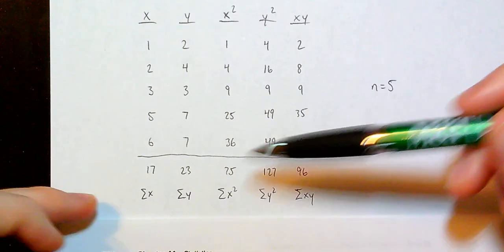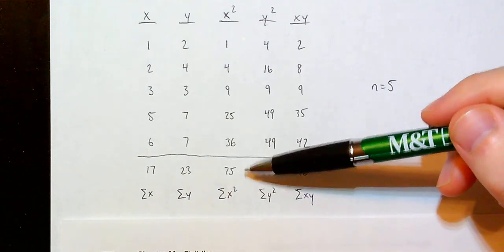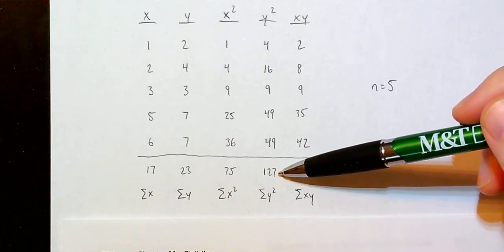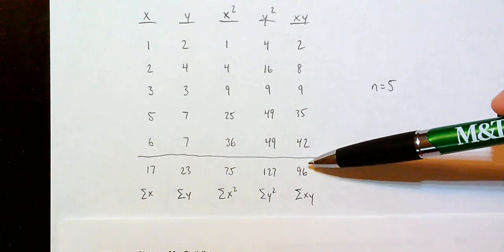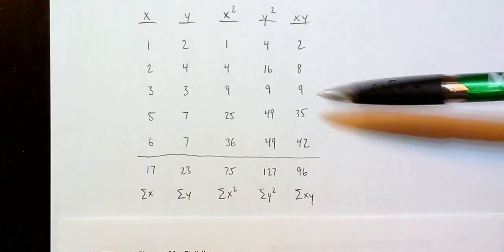The sum of my x's was 17, the sum of my y's was 23, the sum of the squares of the x's was 75, the sum of the squares of the y's was 127, and the sum of the product of x and y, the sum of this column here, was 96.